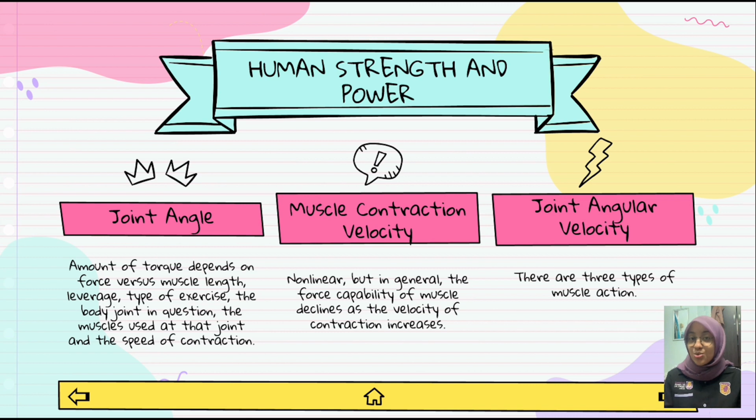And for the last one we have the joint angular velocity, and there are three types of muscle action.